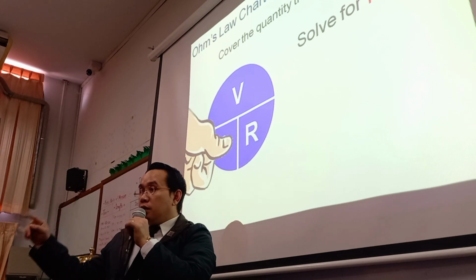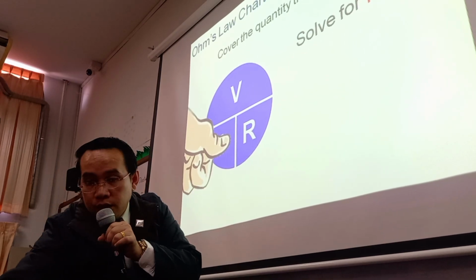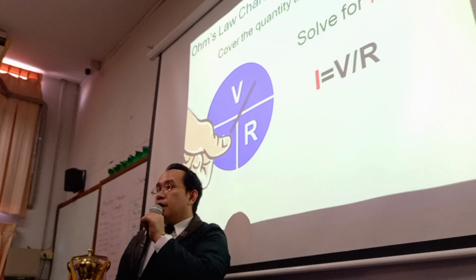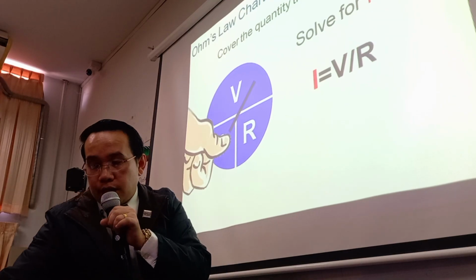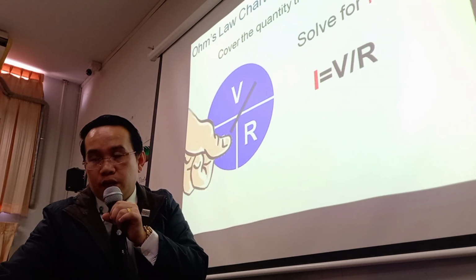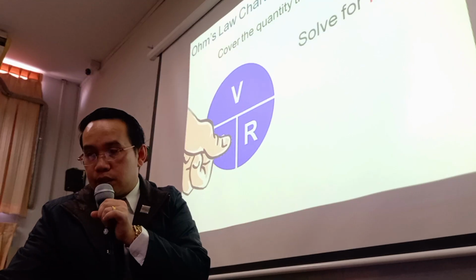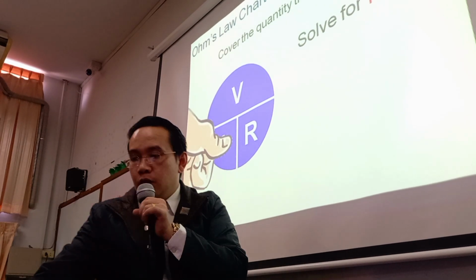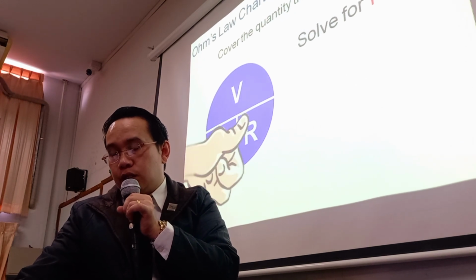Current is equal to voltage divided by resistance. This will be the standard formula. How about R? When we cover this quantity, we solve for the resistance.